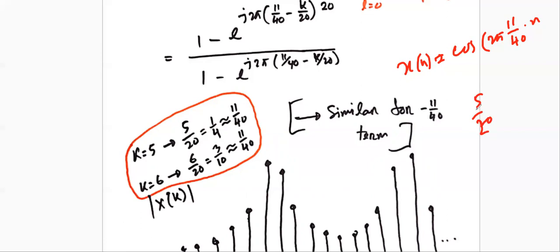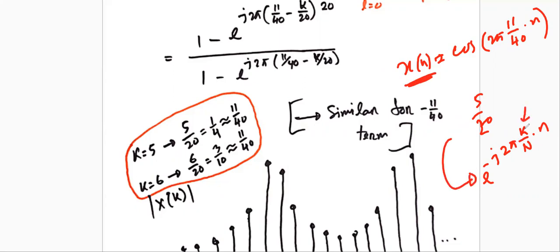Why are we talking about 5 by 20? Because in case of Fourier transform, we have e to the power minus j twice pi k by capital N into n. So basically, what we are doing is matching the unknown signal with this known signal by changing the value of k.